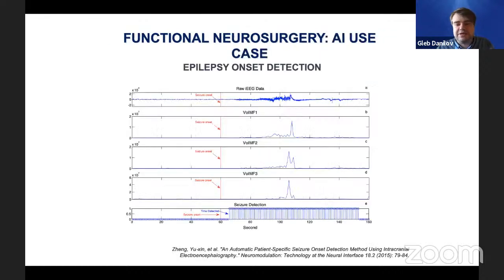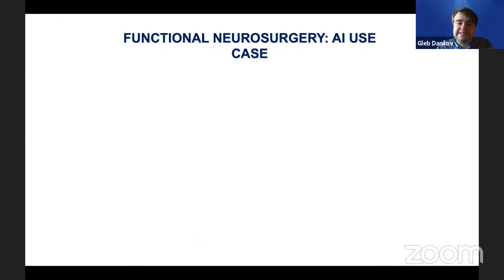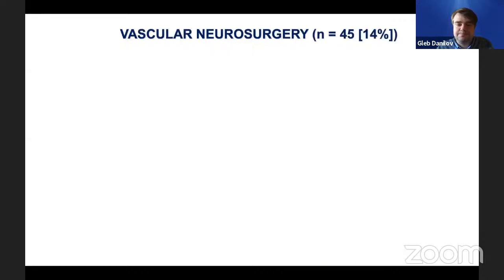This is a typical study aimed at detection of seizure onset in each patient using intracranial EEG. Another interesting example is focal cortical dysplasia detection using MRI and machine learning. And on the right, you see a study with accelerometry-based wearable sensors used to detect tonic-clonic seizures.